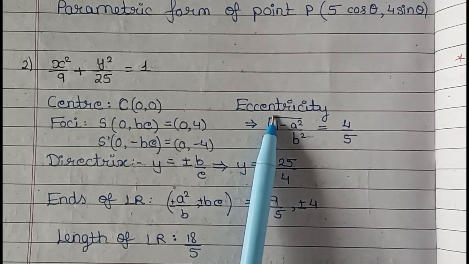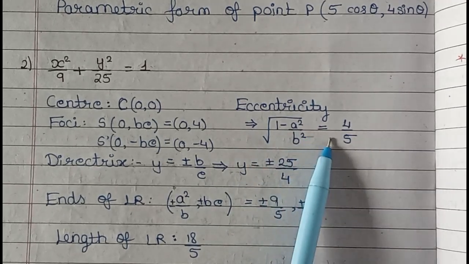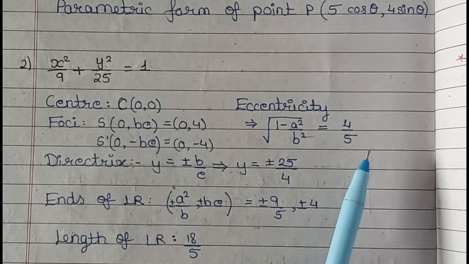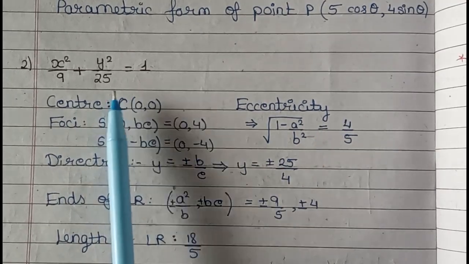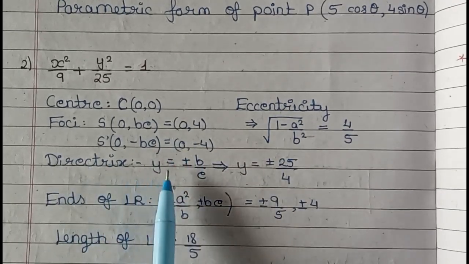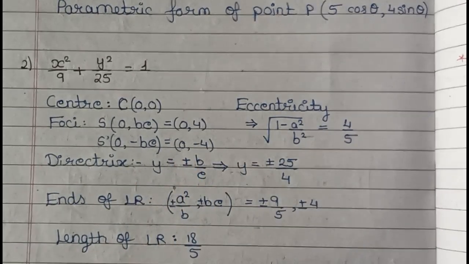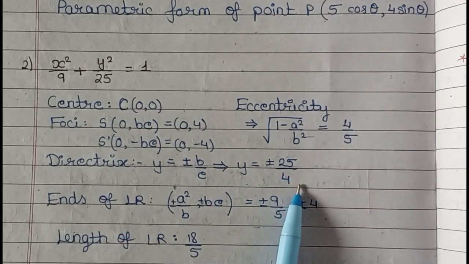So find the eccentricity first, which is under root 1 minus a square by b square, which is equal to 4 by 5. By putting the value of e here and by substituting the value of b, which is 5, we get 0, 4 and 0, minus 4. The directrix is y is equal to plus minus b by e. So it will become y is equal to plus minus 25 by 4.